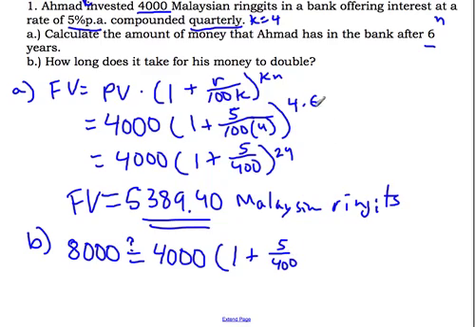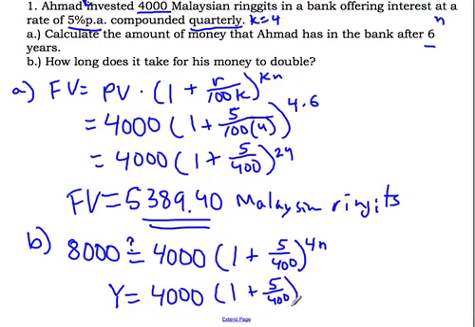And the year is not 6 now, we don't know the year, so this is going to be 4 times the number of years, which is n. So that's the formula we use, and we've got to solve for n. What we're going to do is type this function into our calculator, and then calculate the number of years it takes to reach 8,000. So we're going to type this into our calculator and use a table.